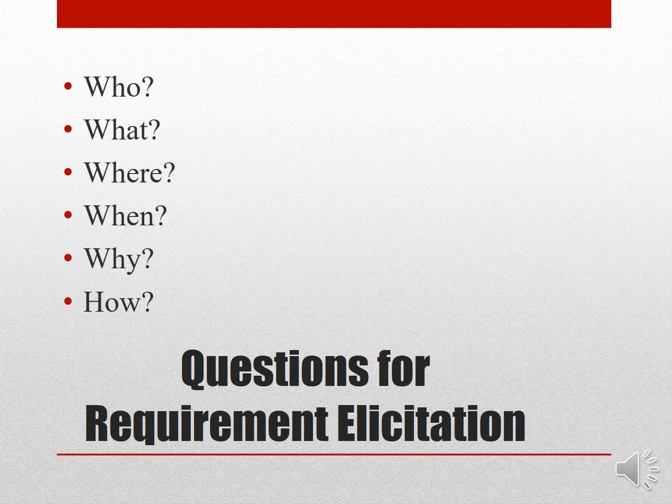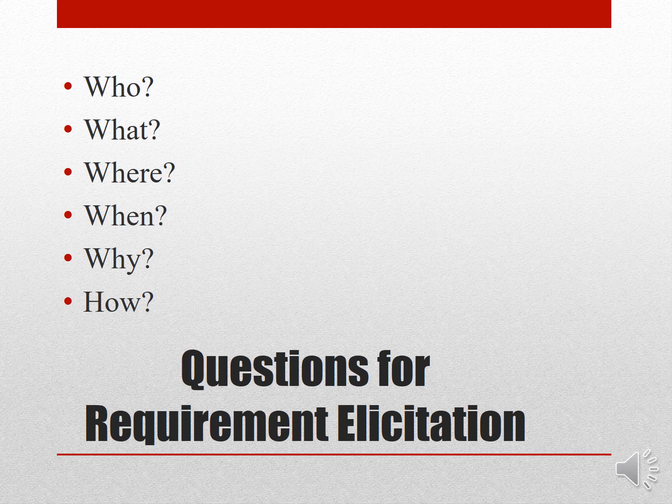Okay, and the fifth question is why. To know the rationale behind the requirements, of why the software is needed. So we must know why it is needed. Then the last question that arises is how. To know how the tasks are initiated and performed and how the result is developed.